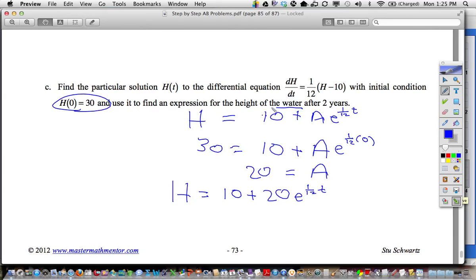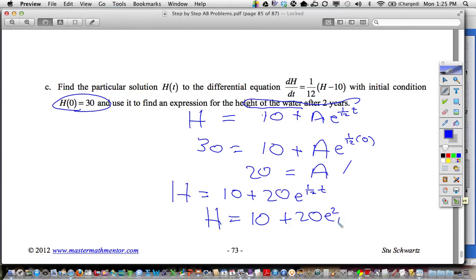Now, what's the height of the water then after 2 years? Put in 24 for t because t was in months, right? Of course, we can see why there was a 1/12 there now. 1/12 times 24 is 2. That's why there's a 1/12, because it was months, not years. So H is 10 plus 20 e to the second.